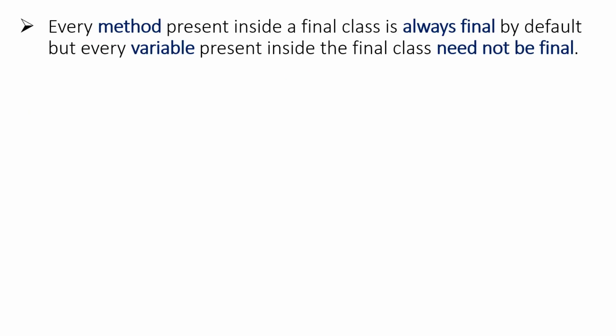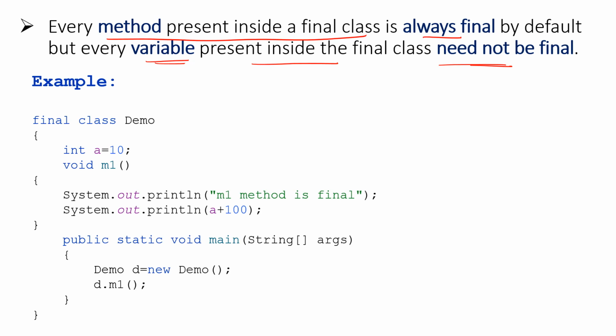Suppose I take an example, I have a class Demo and I have a variable int a = 10 and a method m1. And this class is a final class. So in a final class, all methods are final by default, so you cannot override those methods. But variables need not be final.